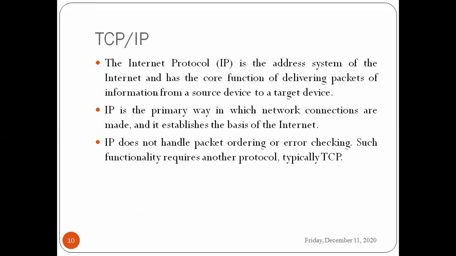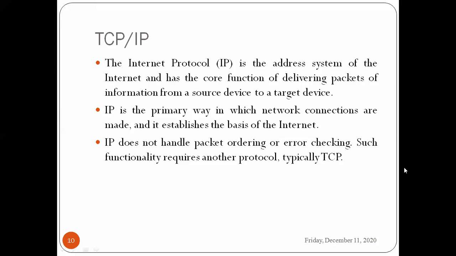Before going to this, we'll see what TCP/IP is. We know the ISO OSI layers, and we also have TCP/IP layers. So what is the use of TCP/IP? The internet protocol, that is IP, is the address system.